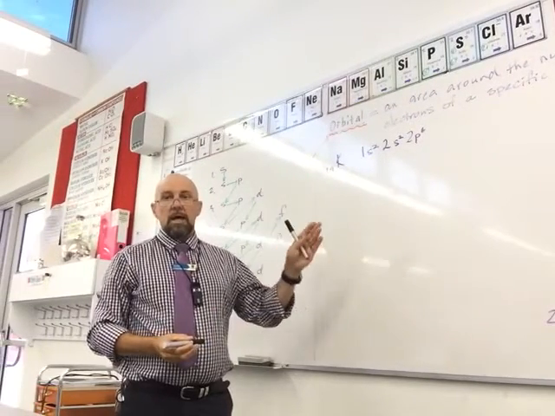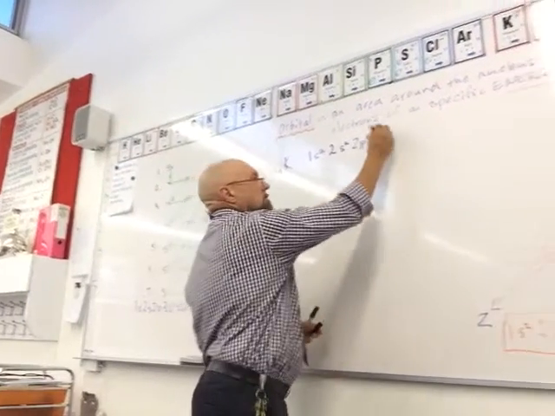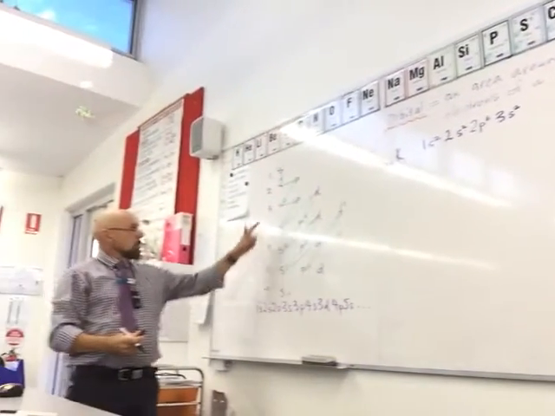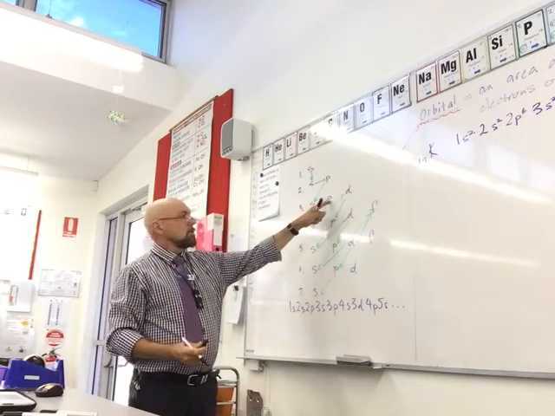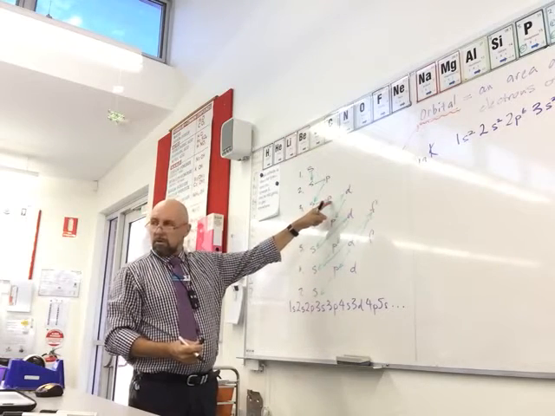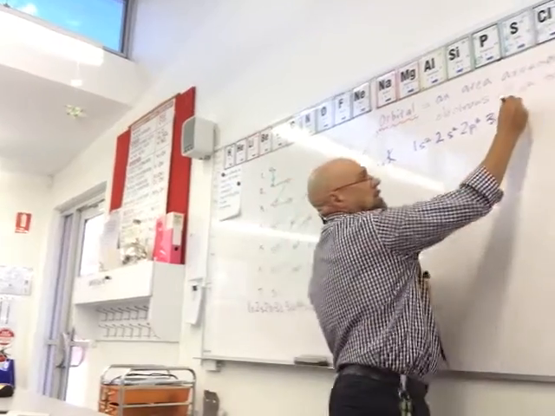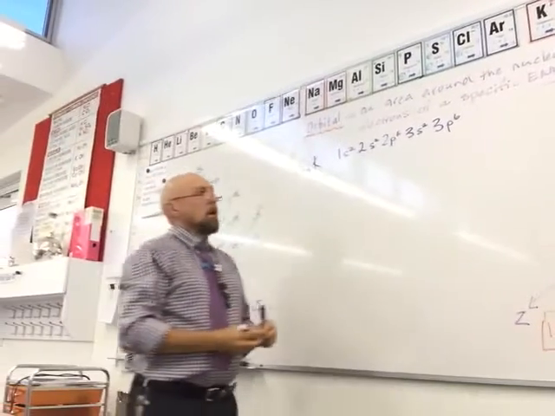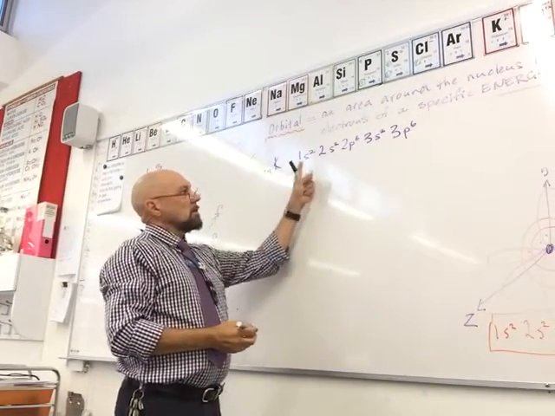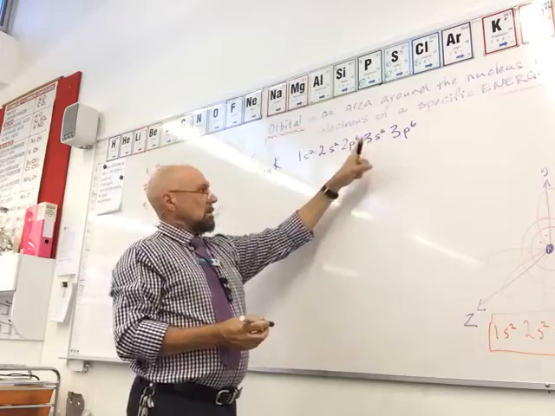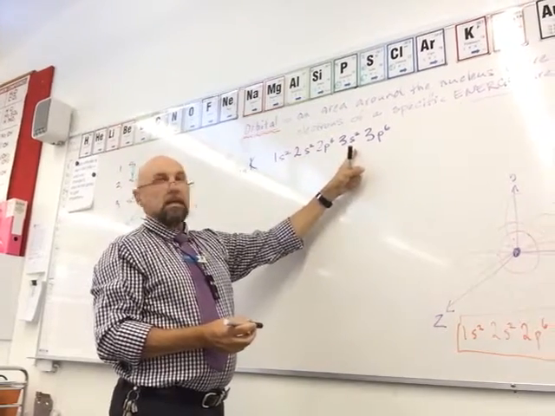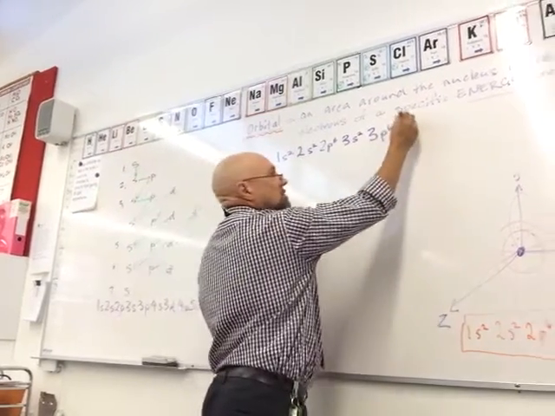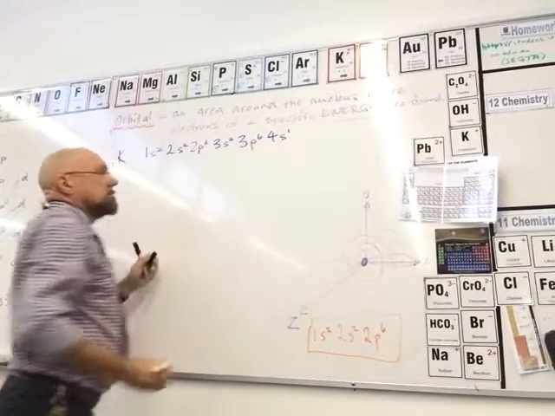So we've got 2, 8 so far. Then we've got 3s2. Do I need to have the p filled? I think I do. 3p6. Yeah, I think we do. So I've got 6, that's 10, 10 and 8, that's 18. I need to account for 1 more electron, so I have to go up to the 4s orbital, 4s1.